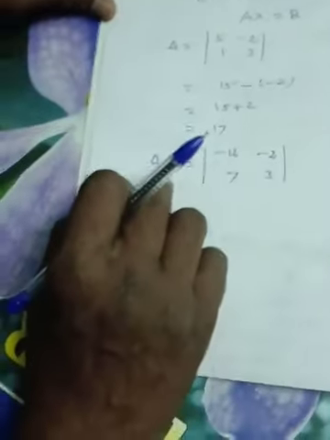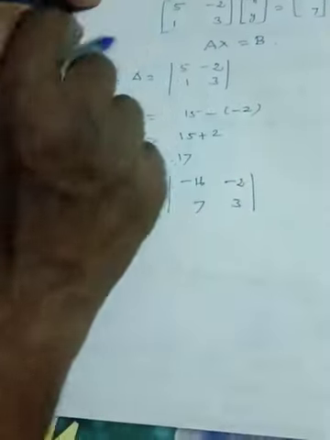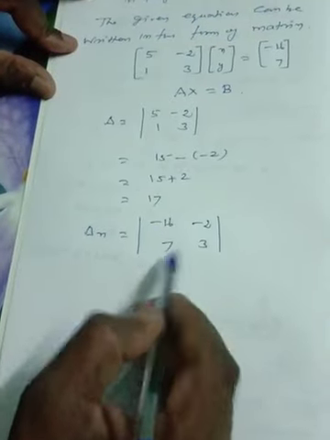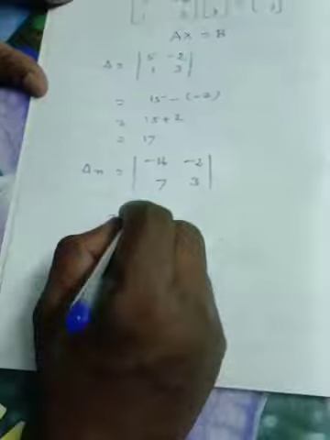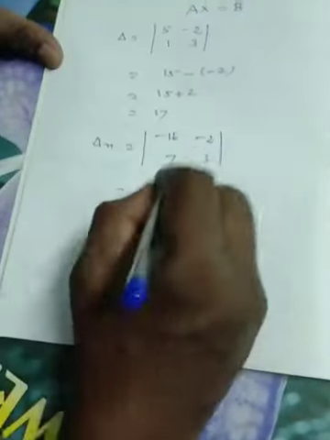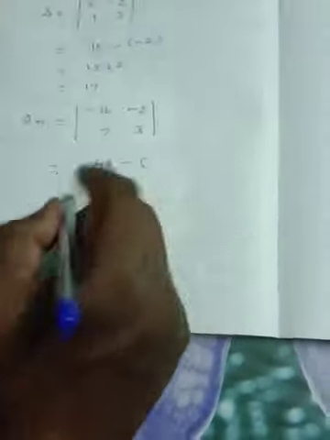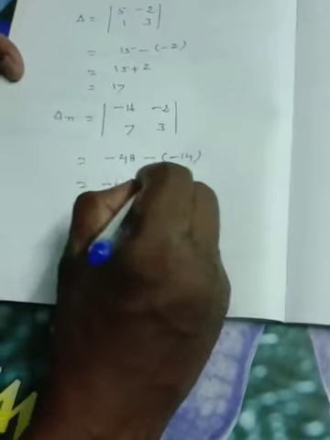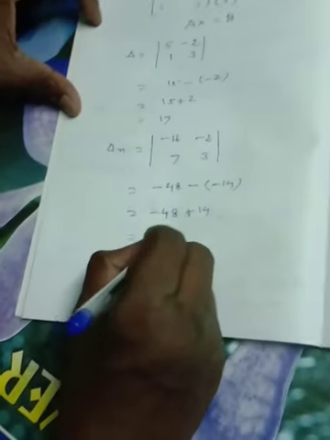Del x means delete the x column and insert the constant column. Now minus 16 3s are minus 48, minus 7 into minus 2 is minus 14. Next, minus 48 plus 14 is equal to negative 34.